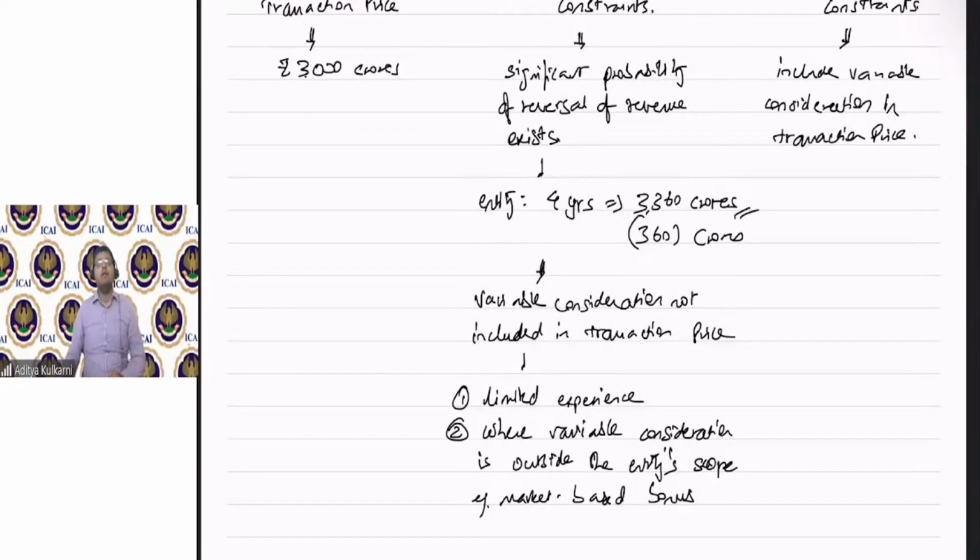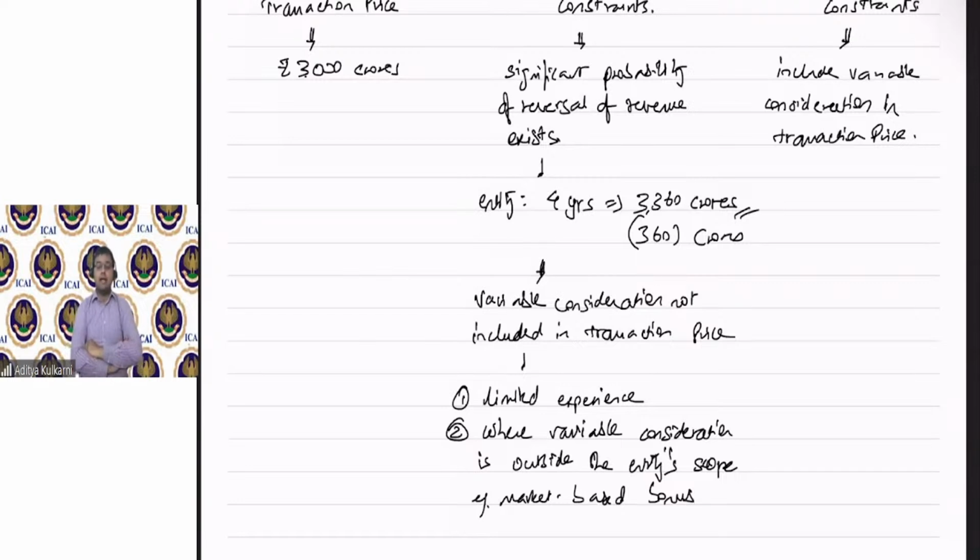For example, you have an entity which says that we are going to give you a bonus if our share price increases by so much. Do you have any say in that particular condition? Answer is no. I do not have any control over how the market will end up performing.